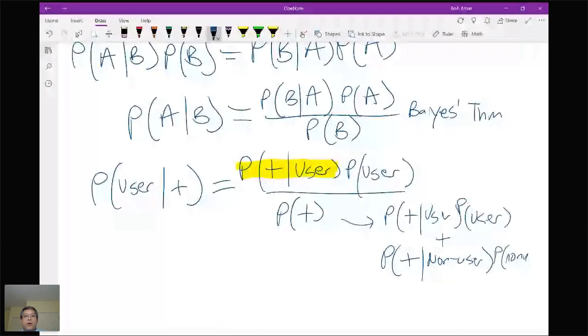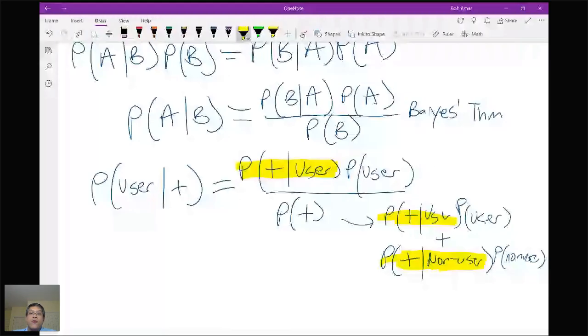Okay, so with that in mind, if you know what your test does, you in a lab might know these three conditional probabilities or have a guess as to what these are, but you might not know exactly what percentage of people are users, right?